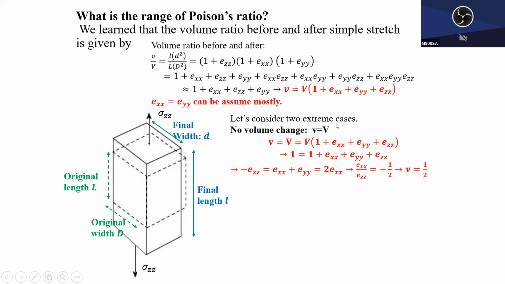Then we can say the ratio between EZZ, the longitudinal strain, and EXX, the lateral strain, converting from here to here, with EXX and EYY assumed to be the same, is equal to 1/2.